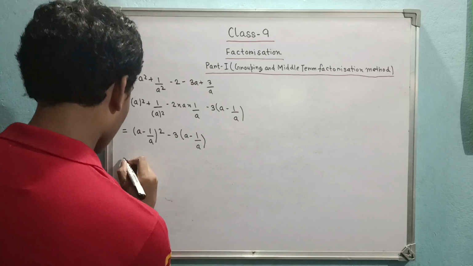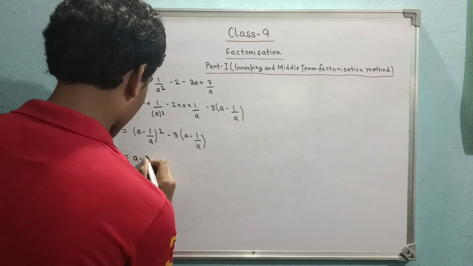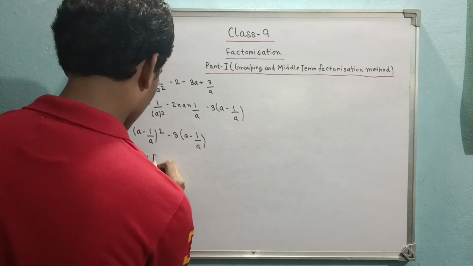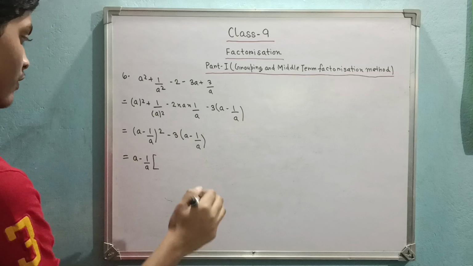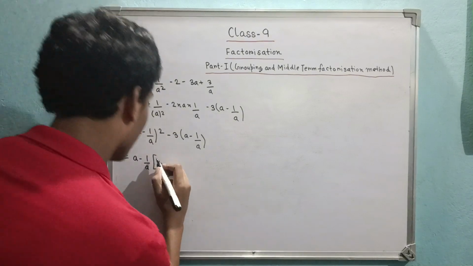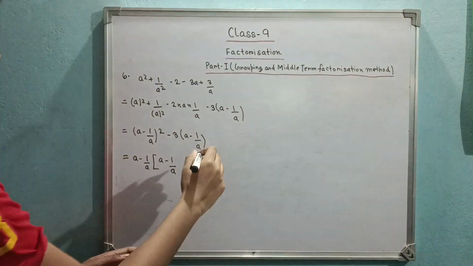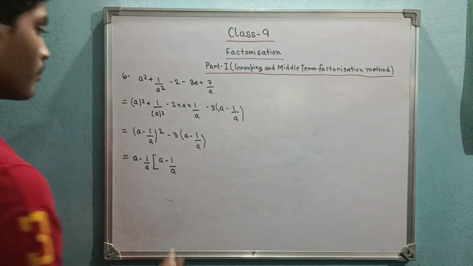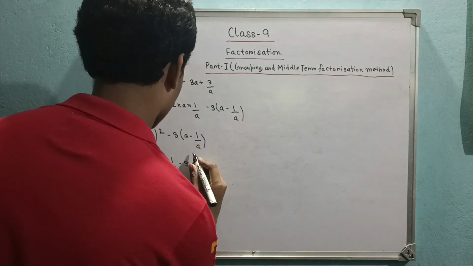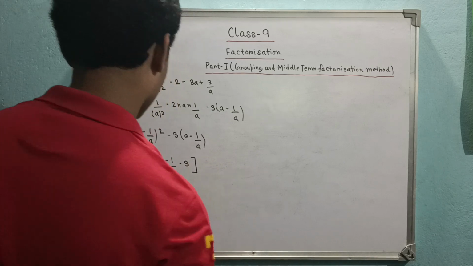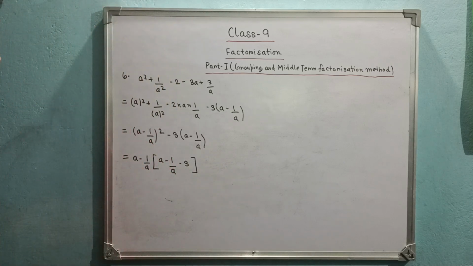So I can write this as a minus 1 by a into, a minus 1 by a is taken common, another one remains, a minus 1 by a. And here a minus 1 by a is taken common, so minus 3 remains. Alright. So you can further go ahead and do it.